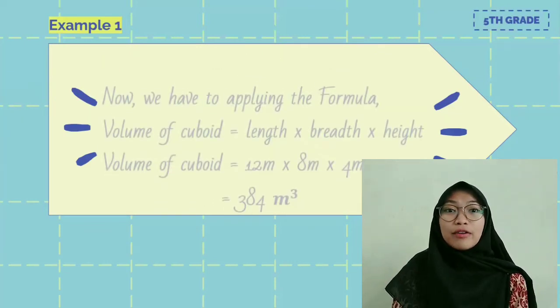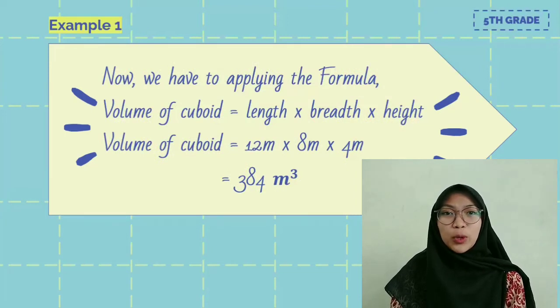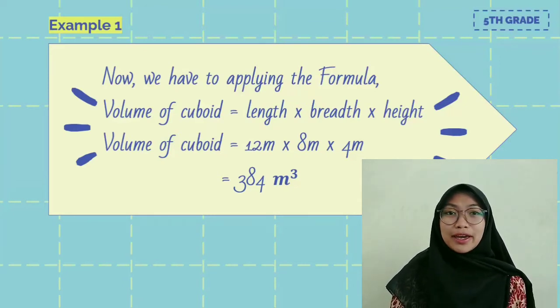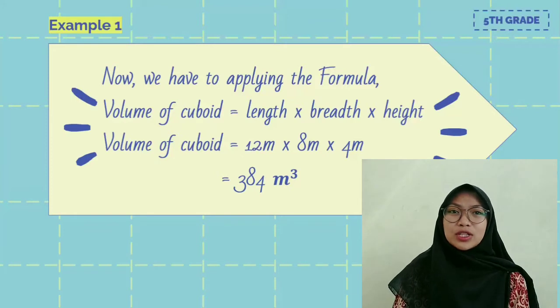Now we have to apply the formula. Volume of cuboid is length multiplied by breadth multiplied by height. Volume of cuboid equals 12 multiplied by 8 multiplied by 4 is equal to 384 cubic meters.